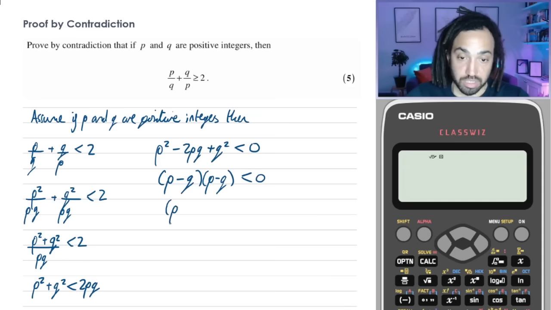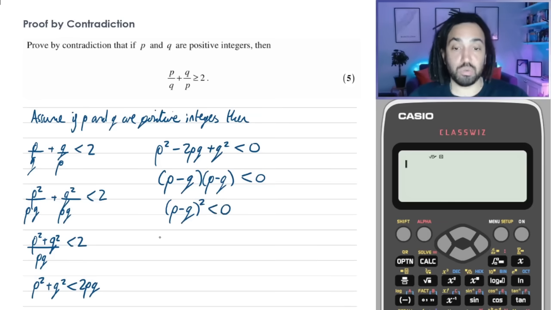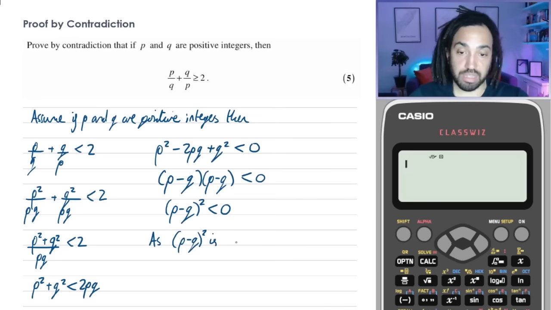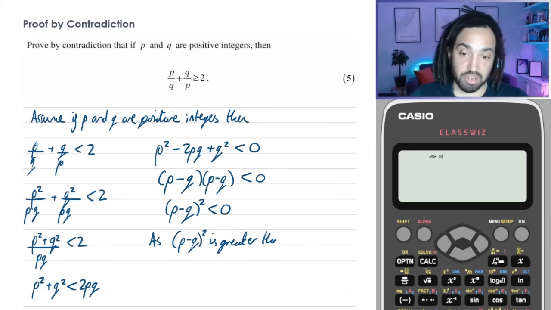Great, so we can write this as a square. And as we know, squares are always greater than or equal to 0. So we can say that P minus Q squared is greater than 0, we have a contradiction.